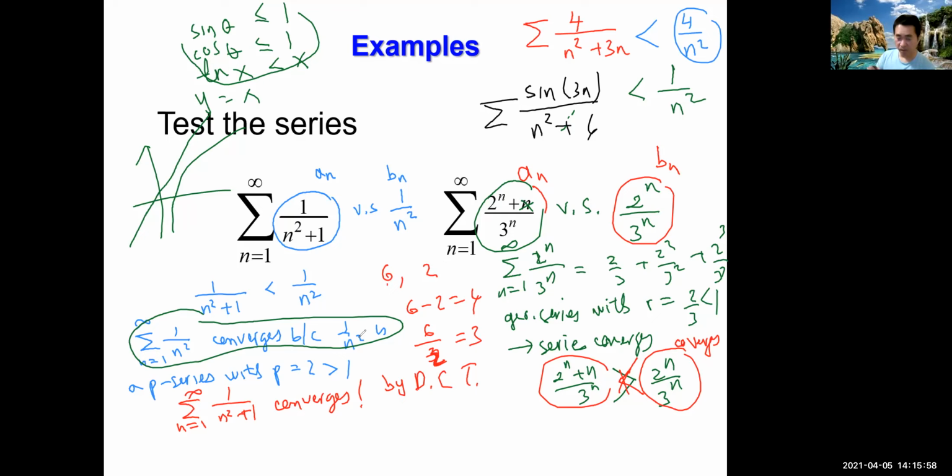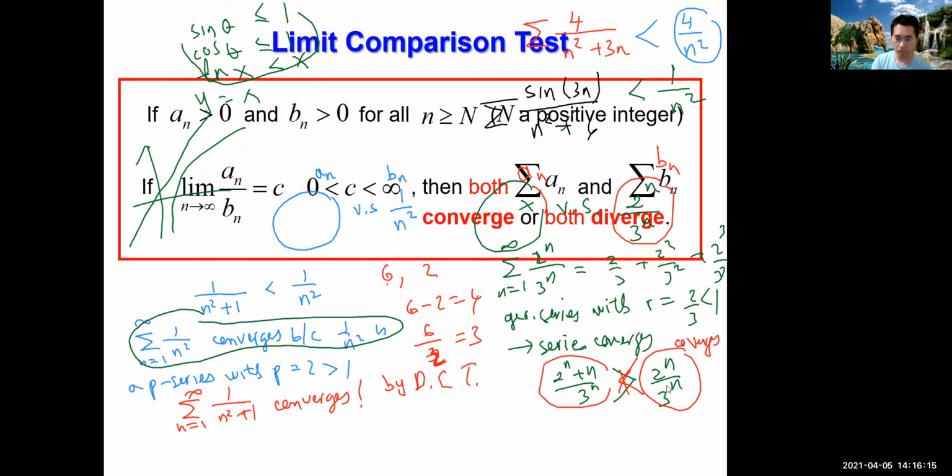So we're going to compare by forming the ratio. Okay, so that leads to what we call the limit comparison test. Right, so here is the limit comparison test.